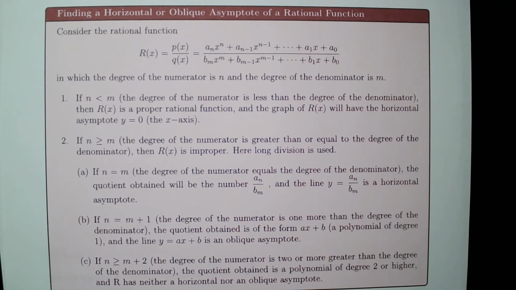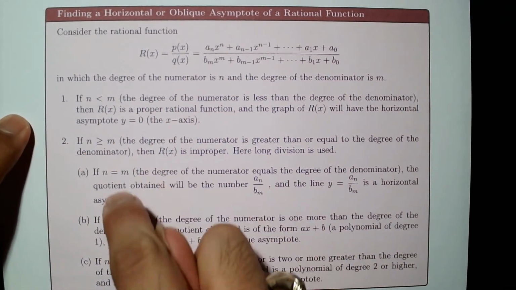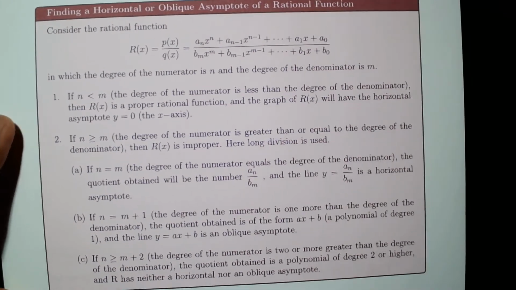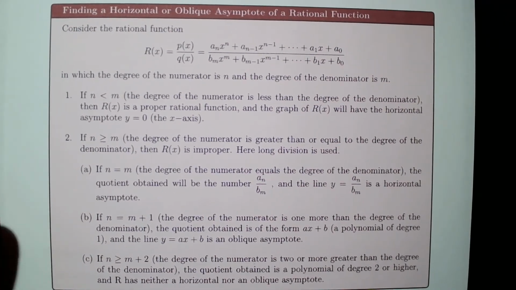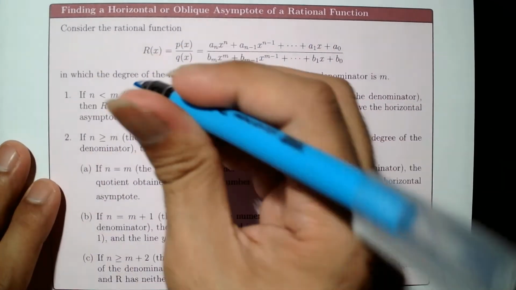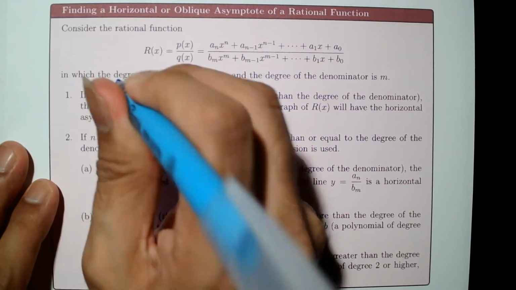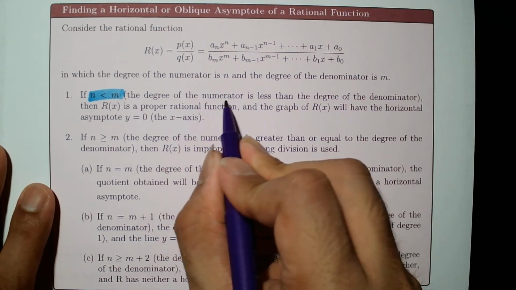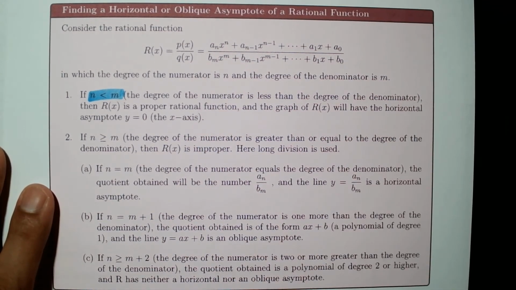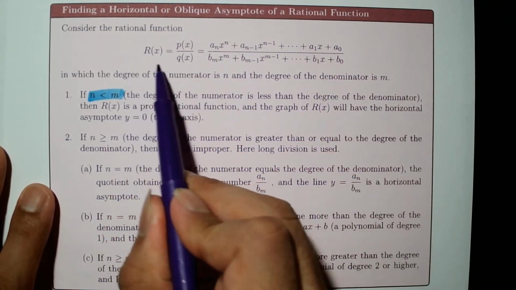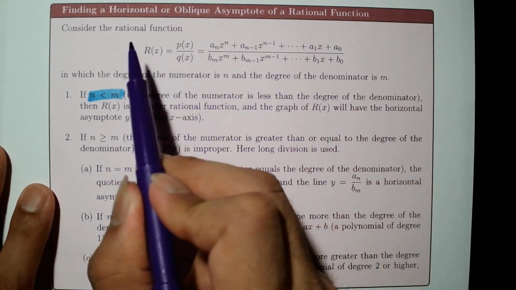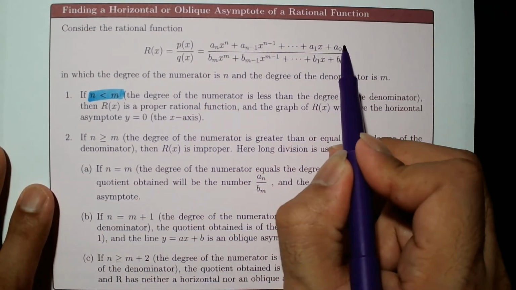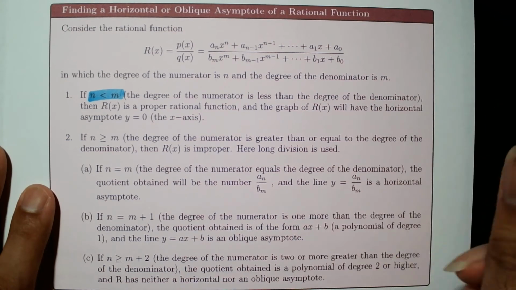So we need to keep in mind all these 4 points. Okay, number one is when n is less than m, that is, the degree of the numerator is less than the degree of the denominator. Again, keep in mind that the form of a rational function is this: we have a polynomial in the numerator and a polynomial in the denominator.